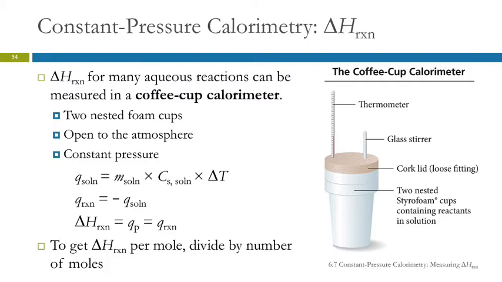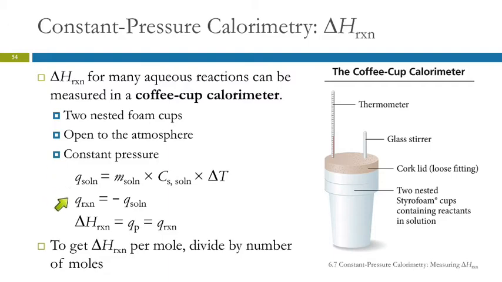These reactions are happening in aqueous solution, so there's a lot of water, and that's considered part of the calorimeter. So that absorbs the heat, and the temperature goes up, and we can measure that.